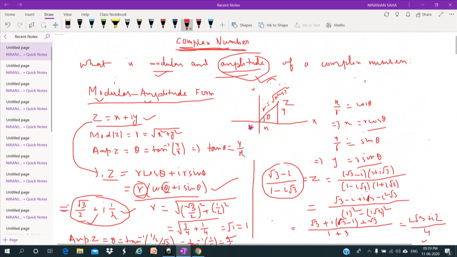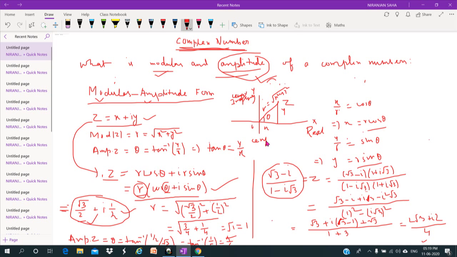Here you can look, this is the real axis, and this is the imaginary axis, and this is the complex number.